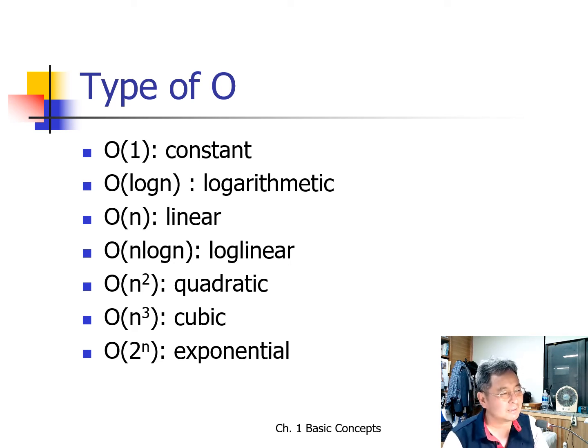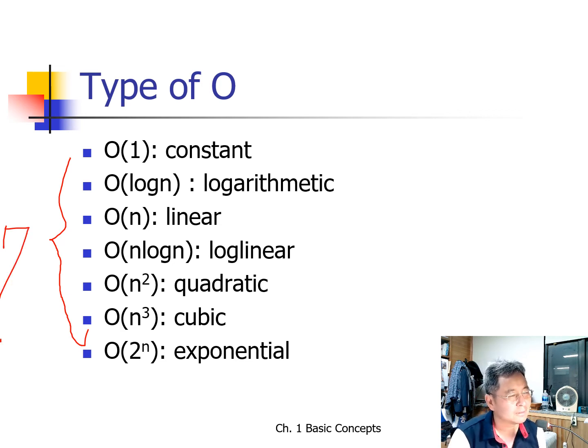Yes, this is a whole class, whole types of time complexity: 1, 2, 3, 4, 5, 6, 7. We only use 7 types of asymptotic notation class.